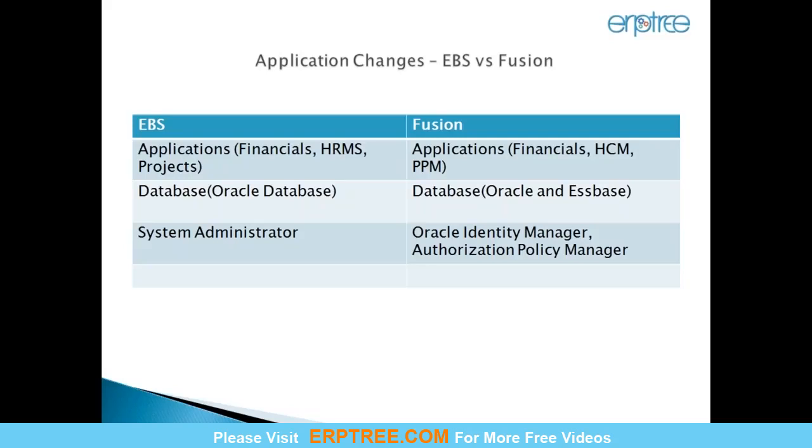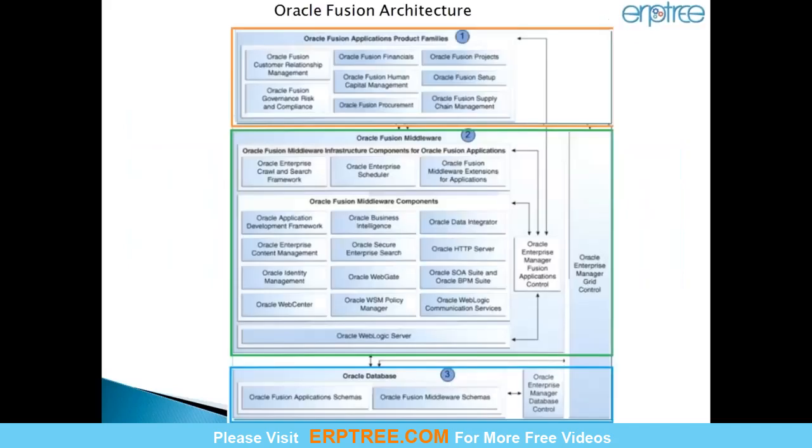All these things we used to do as part of system administrator in EBS. Although we did not have the roles concept, we used to do it through responsibilities. Now here we are doing it with Identity Manager and Authorization Policy Manager, which are the applications integrated with Fusion. Okay, so next I will go further.